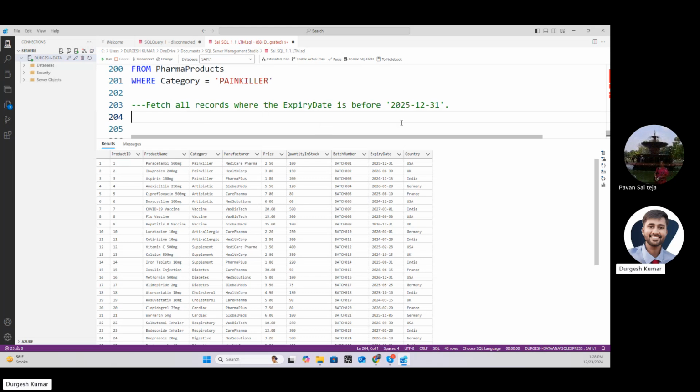Fetch all the records where the expiry date is before this, or let's call it between. How will you get this?